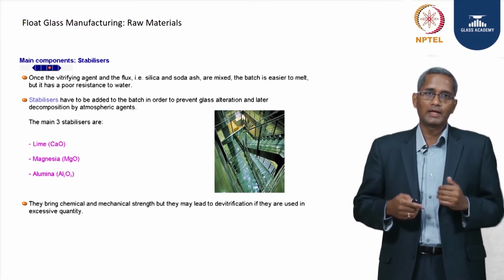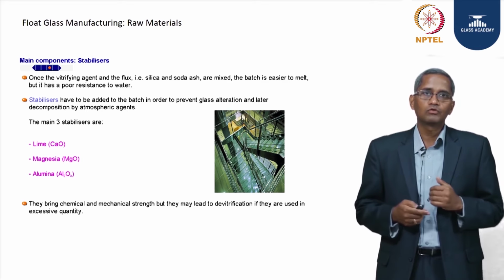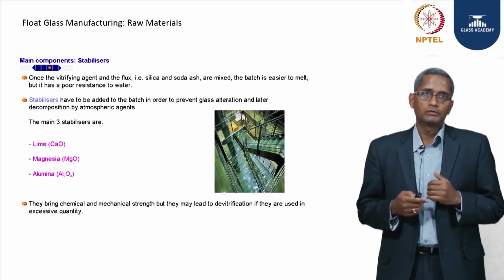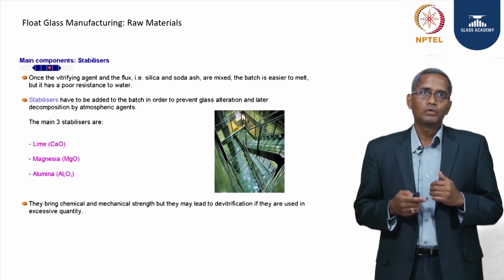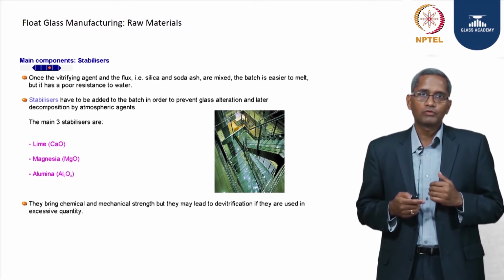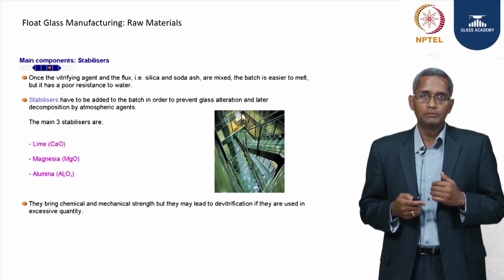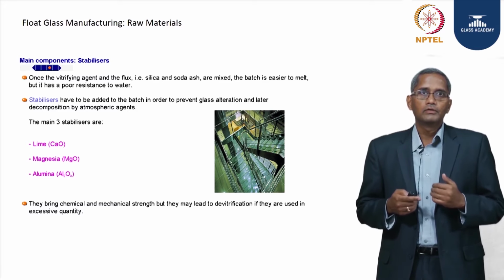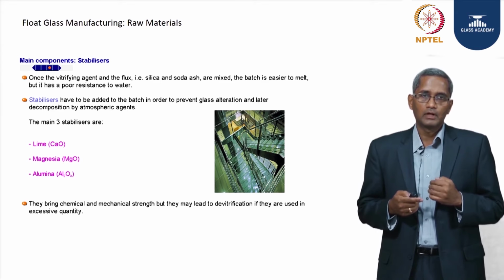Like our bones need calcium, magnesium, etc., the glass also needs a lot of strength, and to give the strength, we input calcium oxide, magnesium oxide and alumina, and this will stabilize the glass and give it the required strength.